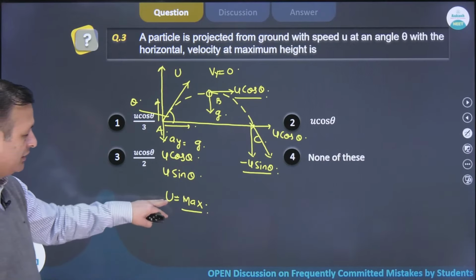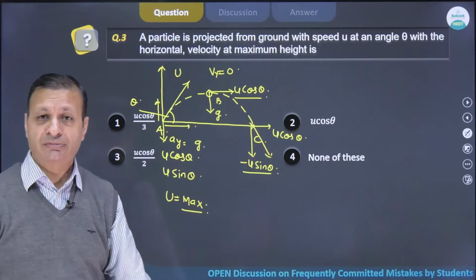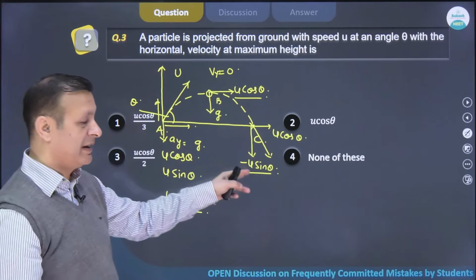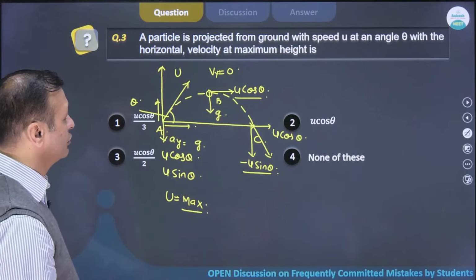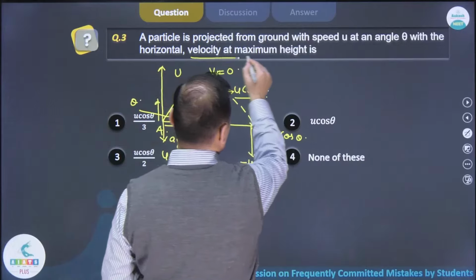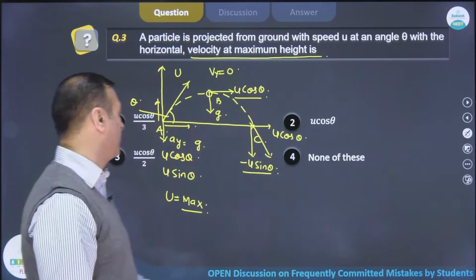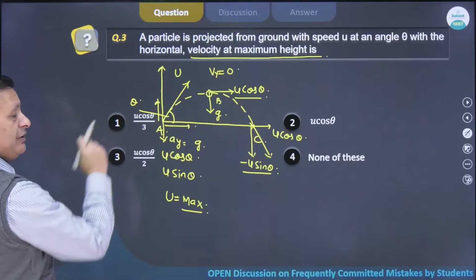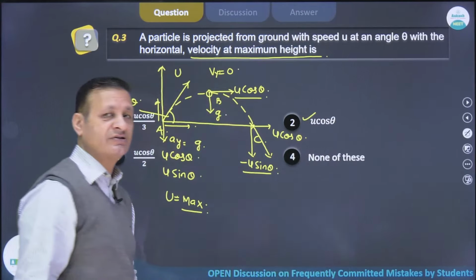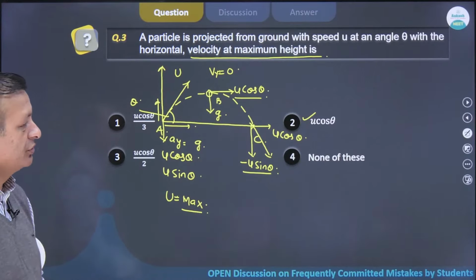The speed with which it was projected is the same speed with which it will hit the ground again. So velocity at maximum height: the question was, we have to find out velocity at maximum height. Is it u cos theta by 3? No. u cos theta by 2? No. u cos theta? Yes. So this is the second option.